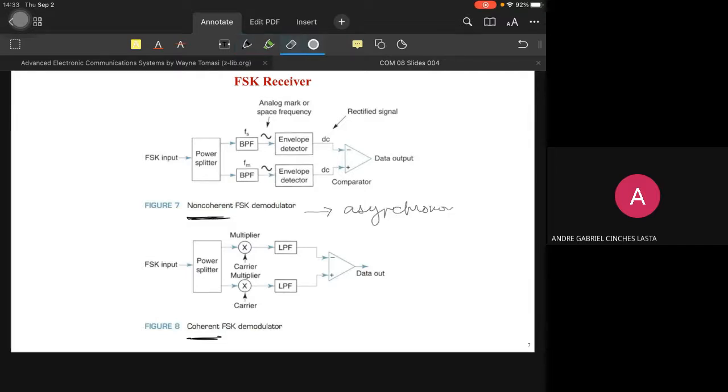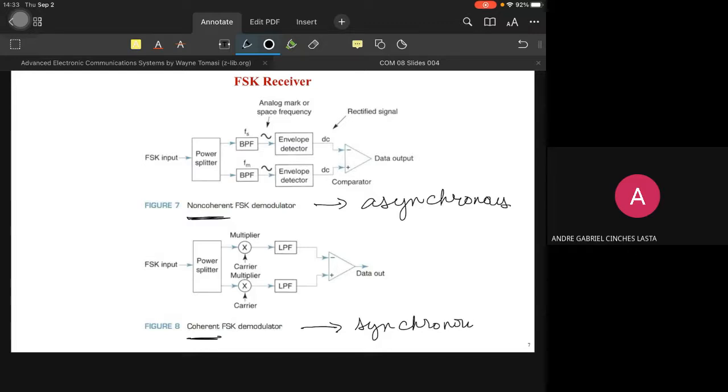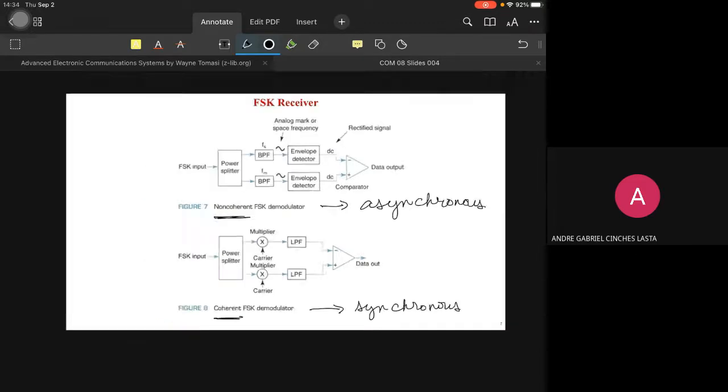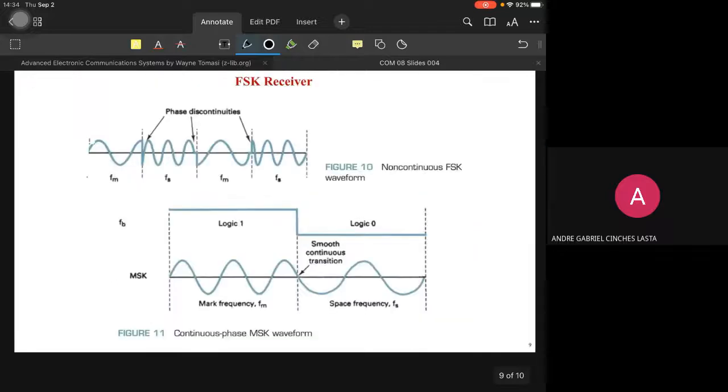Libunan ko sa spelling sa asynchronous. Asynchronous na FSK output. Whereas ang coherent is synchronous. Synchronous.